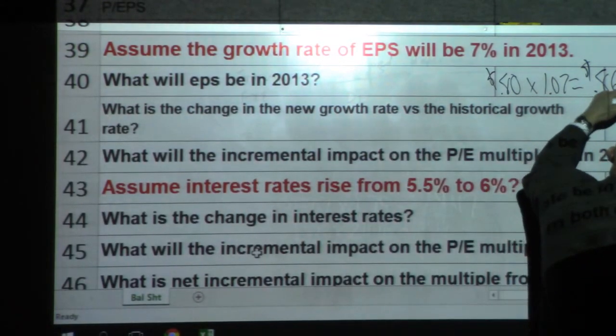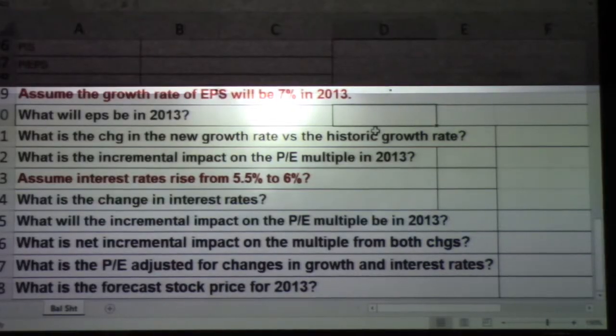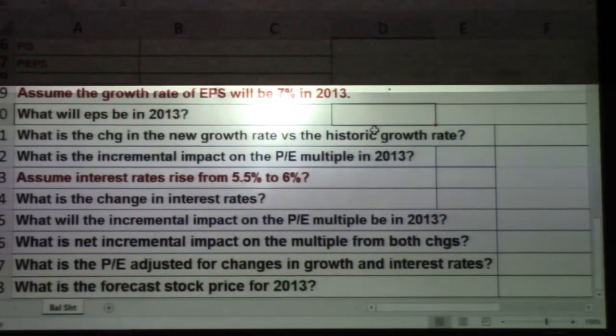All right, let's finish up this study session by incorporating the impact that a change in growth rate will have on the multiple. Also remember that a change in growth rate will impact the multiple and the fundamental.